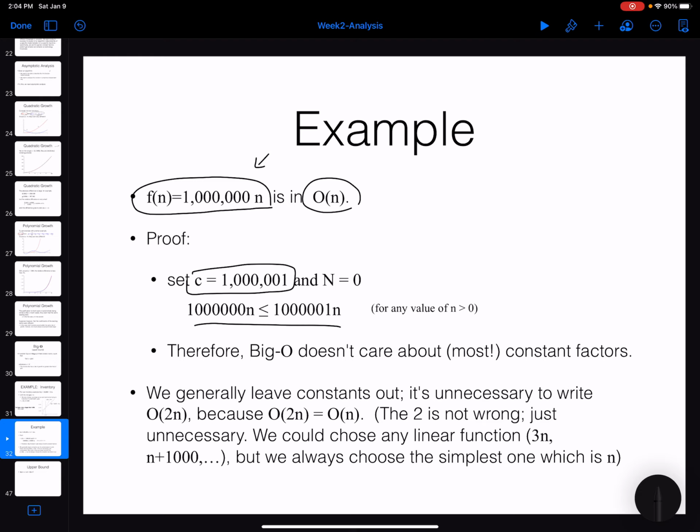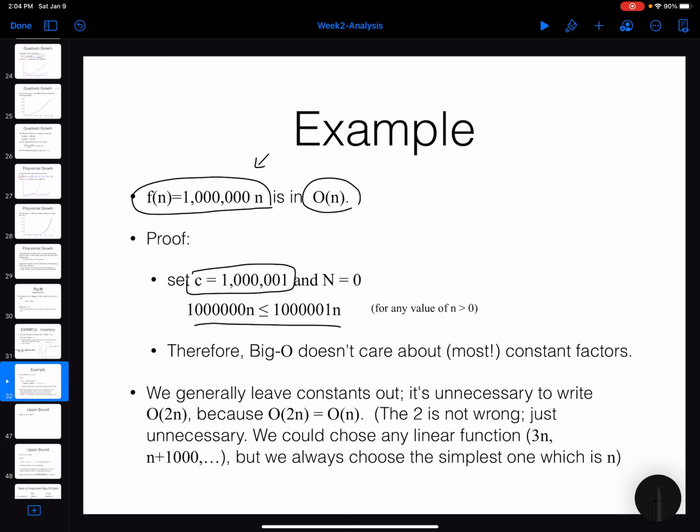Now this gives you the sense that when we are writing big O of n, in fact, we are talking about a set of functions. All the polynomial functions which are linear are going to be a part of this O of n.